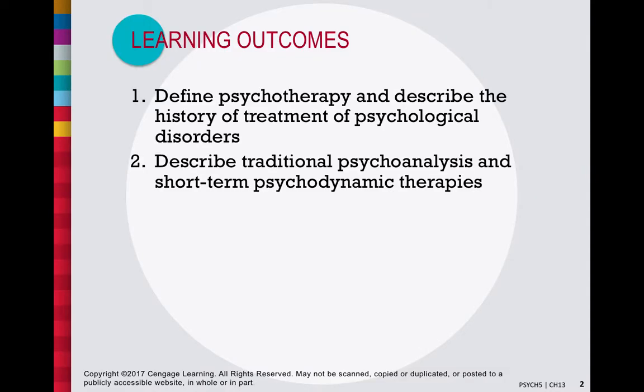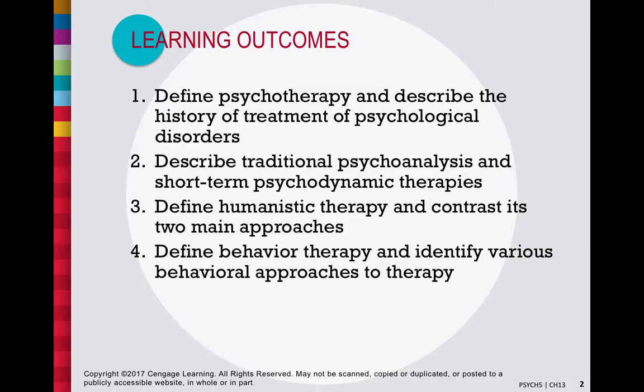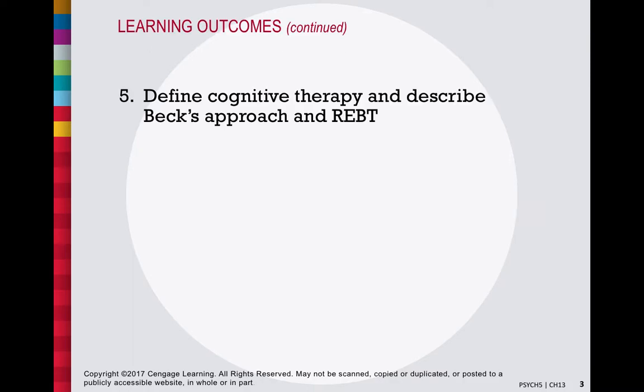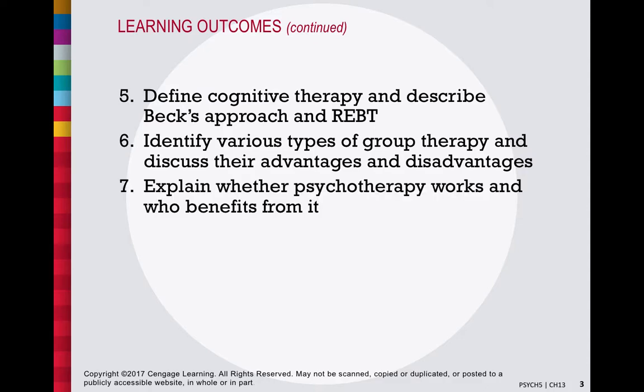So by the end of this chapter, you should have a pretty good idea about what psychotherapy is, including various approaches to psychotherapy like psychoanalysis, humanistic therapy, behavioral, and cognitive therapy, as well as the differences between group versus individualized therapy, the advantages and disadvantages of both.